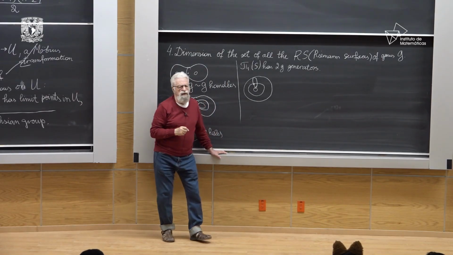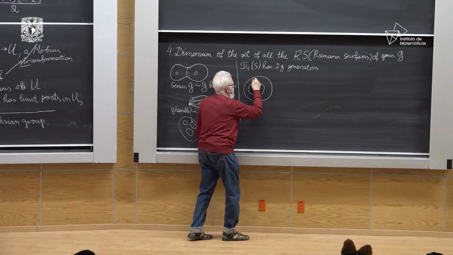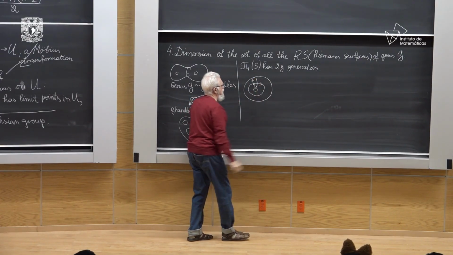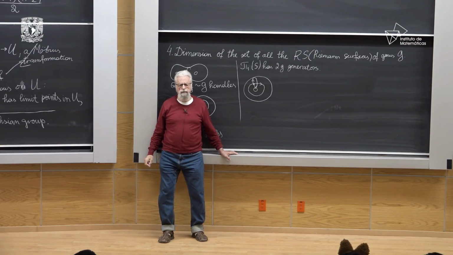And it is well known that they commute. If you go along one generator, then along the other, then along the first generator in the opposite direction, then along the second generator in the opposite direction, then you will get a loop which is contractible.